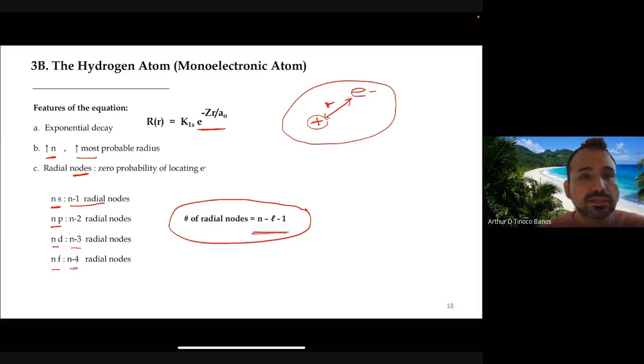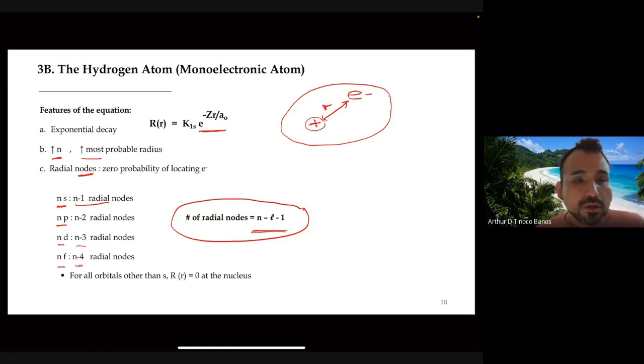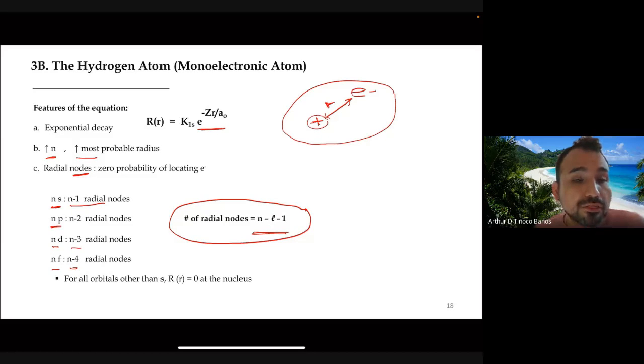All right, so now let's look at this more closely. Well, for all orbitals other than the s orbital, the radial wave function is equal to 0 at the nucleus.